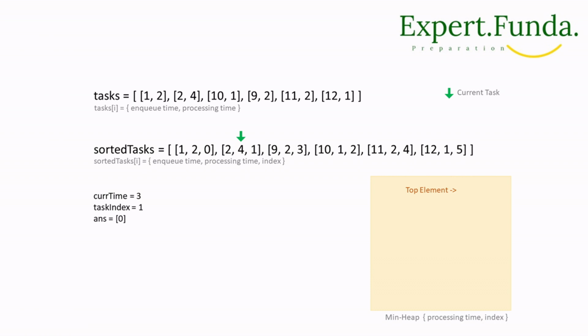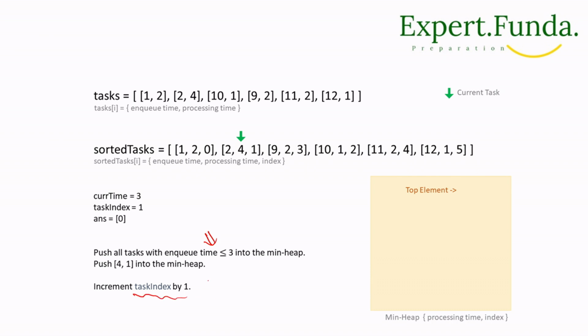Next, we push all the tasks with enqueue time less than 3 into the min heap, and then increase the task index by 1. So we have to push 4 and 1 into the min heap, right?